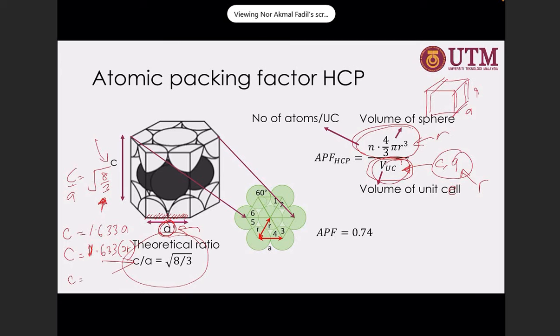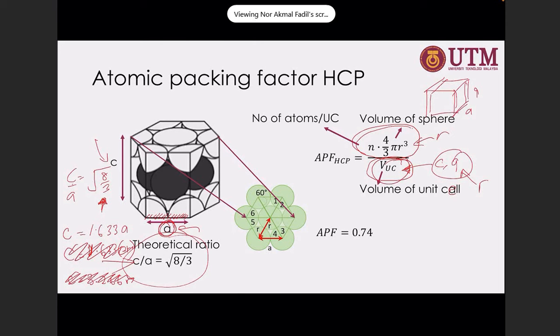So C equal to 3.266 R. Oh, sorry, not necessary. C equal to 2R.